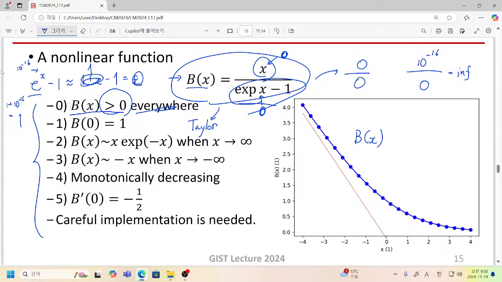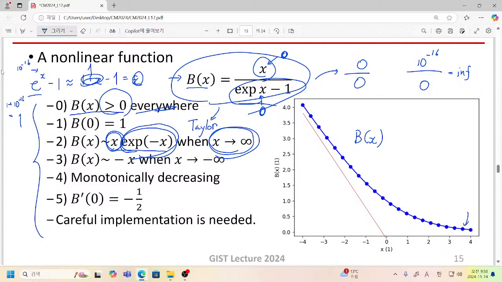Okay, so at the positive extreme, it decays exponentially. Here we have the exponential minus x term. Of course, there is also an x term, but it doesn't contribute much. So we have exponential decay in this positive part.